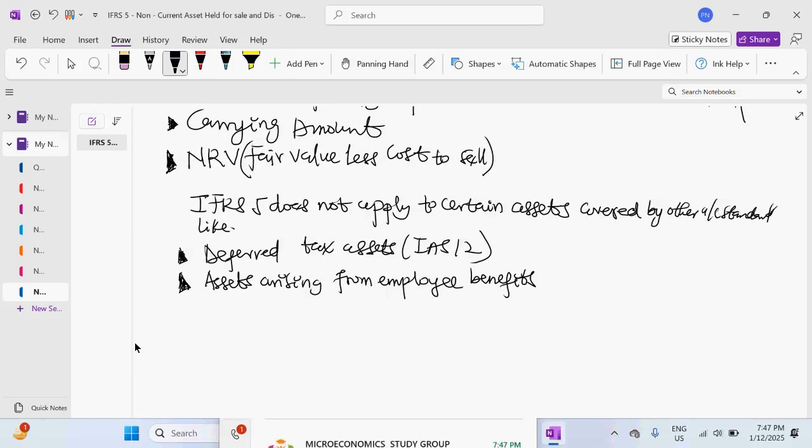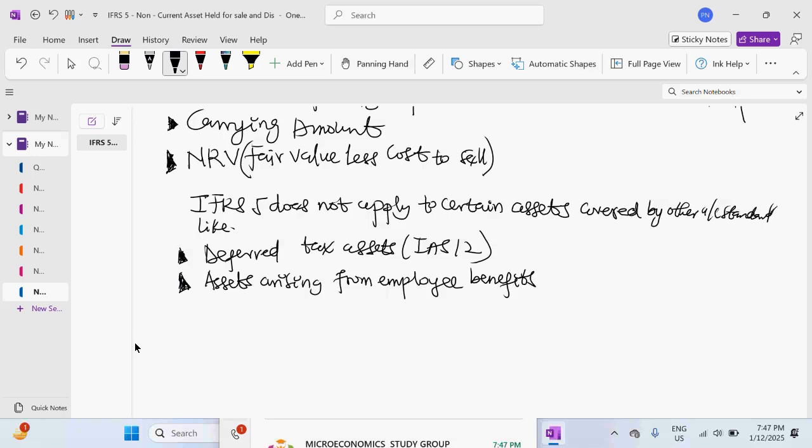Then you would have to reclassify it to the normal non-current asset, until you get a potential buyer. Then you can classify it as what? Non-current assets held for sale. Held for what? Sale. Thank you very much.